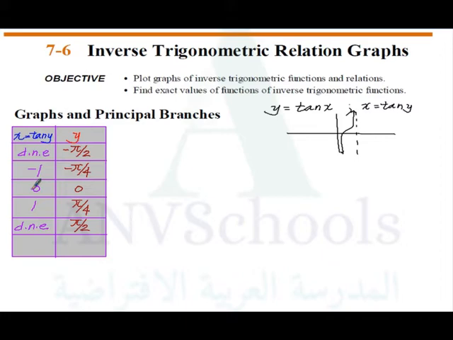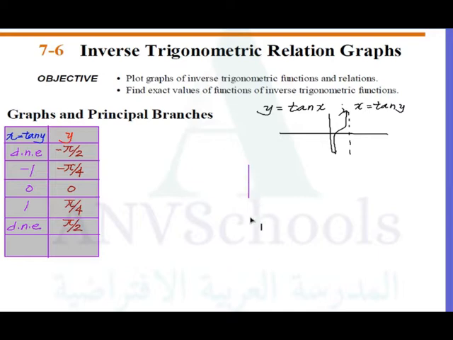Okay, so to sketch that, this is our x-axis, this is our y-axis, and let's label the values that we found here. We have 1, 2, negative 1, negative 2.